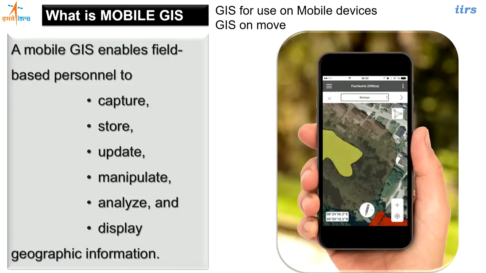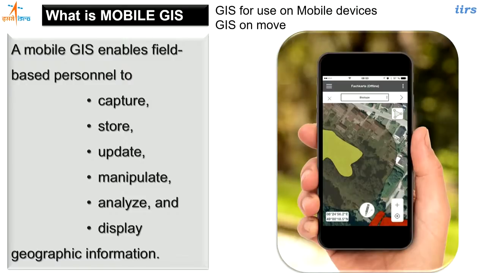As you have seen in the previous lectures, the basic capabilities of a GIS are that it enables capturing, storing, updating, manipulating, analyzing, and display of geographic information. The same is true for mobile GIS also, but here you are at the source itself.